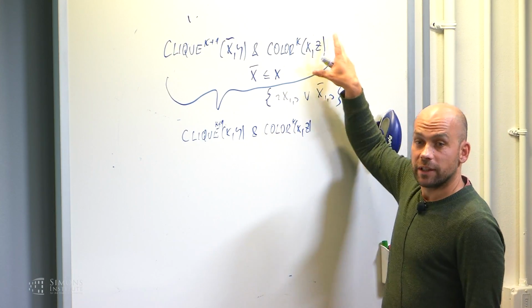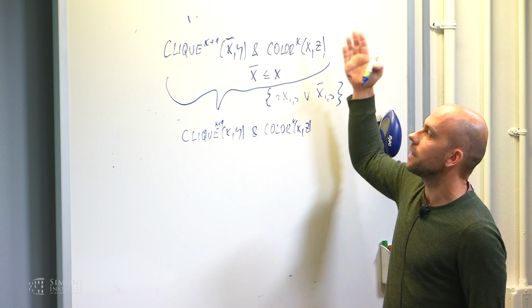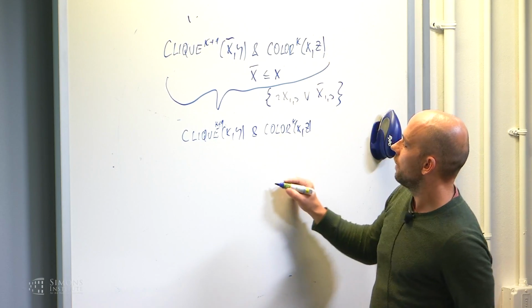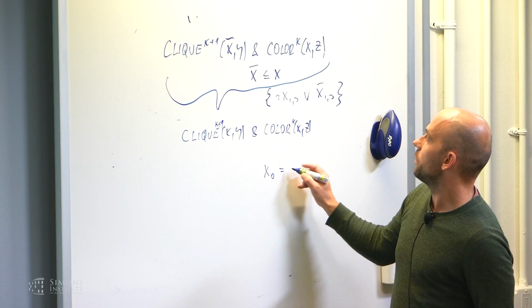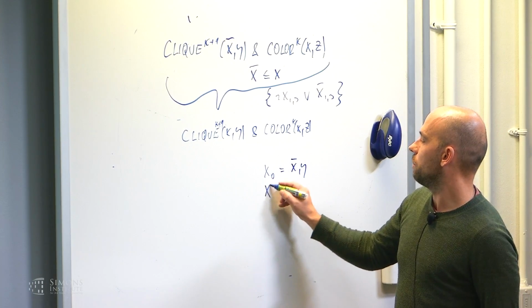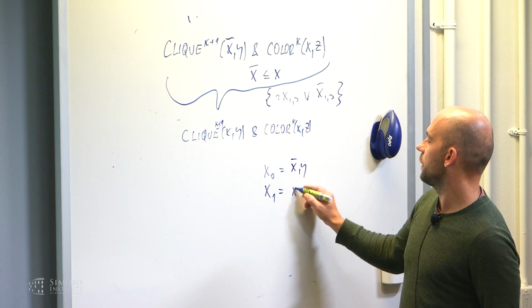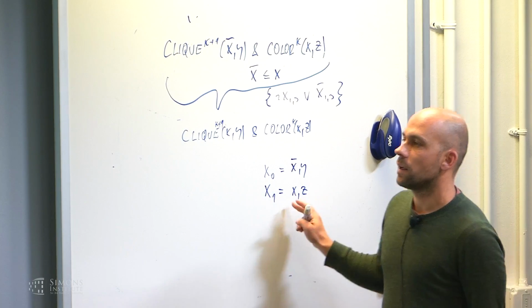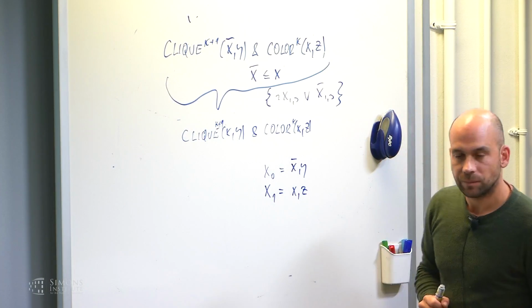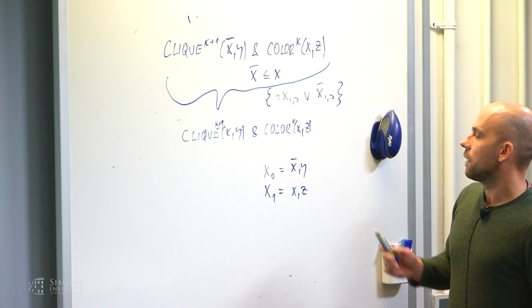And now look at this CNF. So I'm claiming that the communication game, if Alice knows the variables x bar and y, and Bob knows the variables x and z, is at least as hard as the Karchmer-Wigderson game over there. Why is it so?